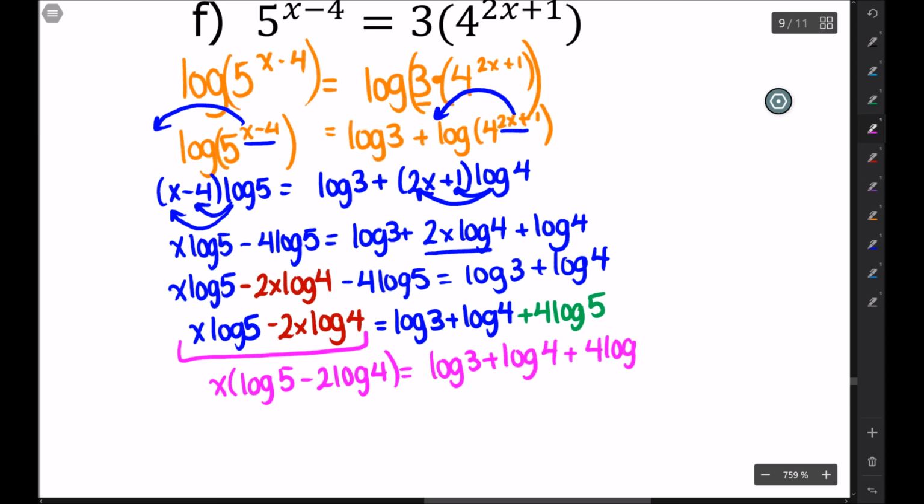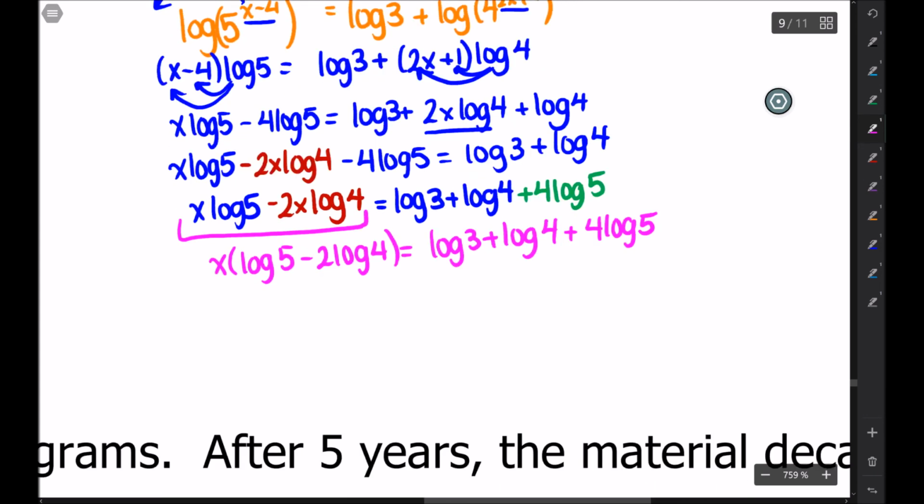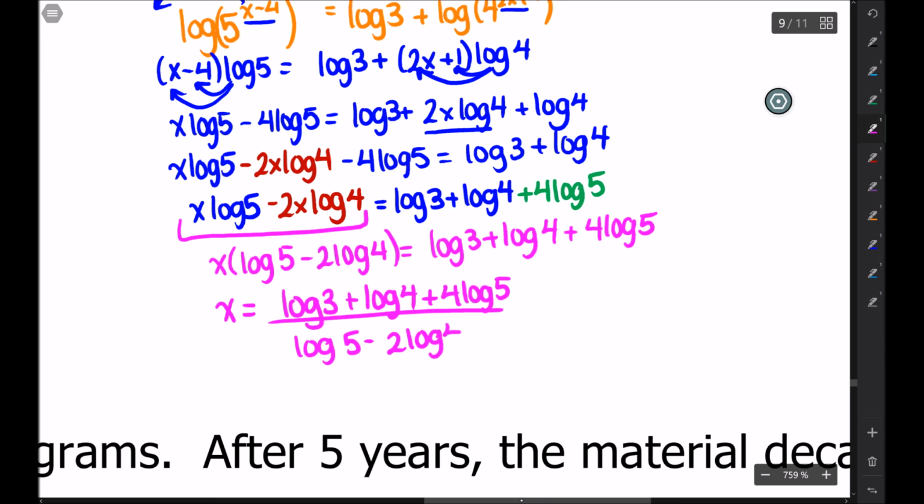I haven't changed anything on the right side of my equation. Now, in order to get this x alone, all I have to do is just divide by log 5 minus 2 log 4. So x is going to equal log 3 plus log 4 plus 4 log 5 all over log 5 minus 2 log 4.